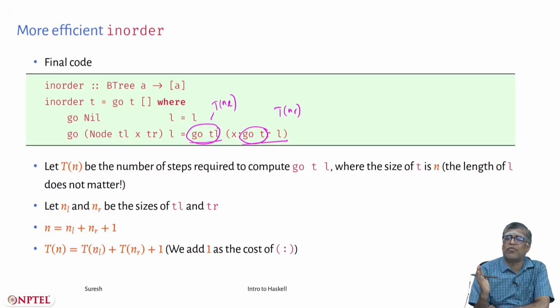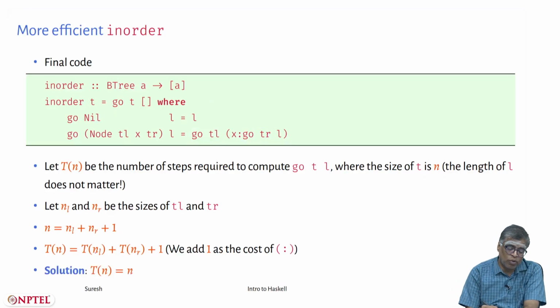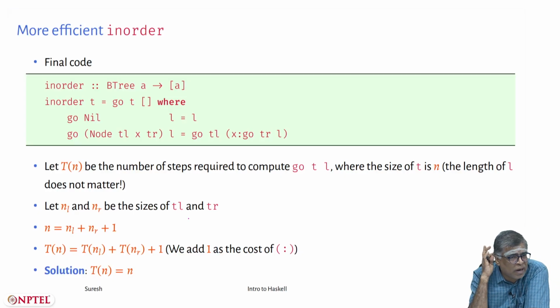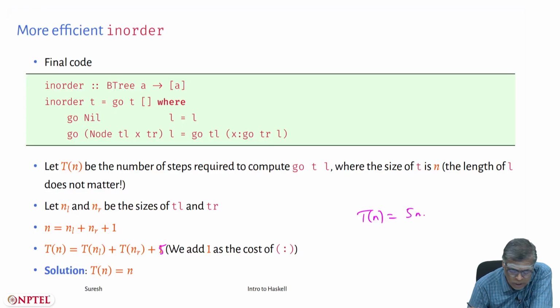So you keep expanding it. Finally, if you expand this recurrence, you can guess that the solution is n, and then you can verify that the solution is also n, because n is NL plus NR plus 1. Or if you want to take the cost of colon to be 5, let us say, then you will add 5, but this is a linear thing, so it will be Tn equals 5n, because this is a linear function.